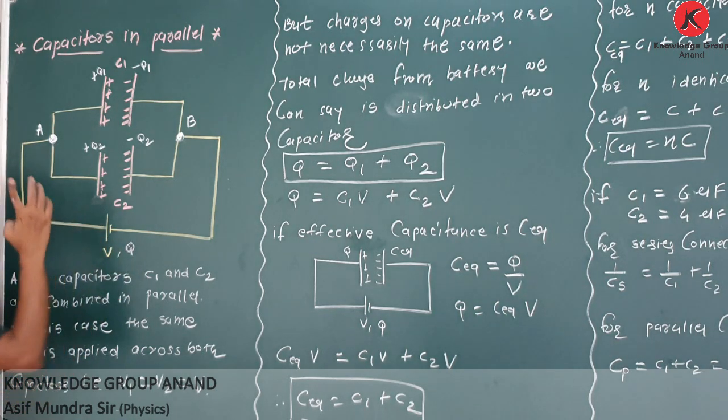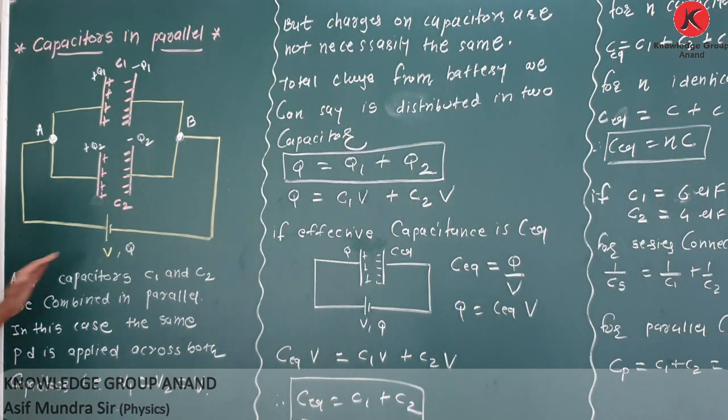having voltage V, and the charge flowing from it is Q. See, if I say charge is flowing, then from this point this charge gets divided into capacitors C1 and C2. Clear? So see, in this case, the charge coming from this supply is divided into branches.